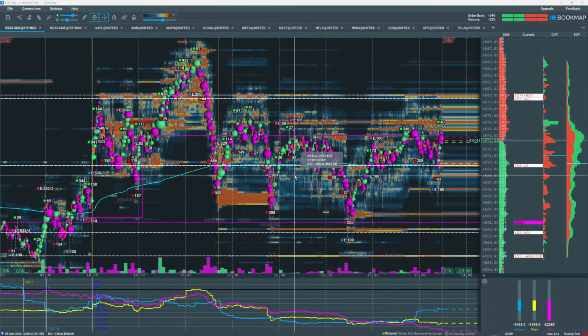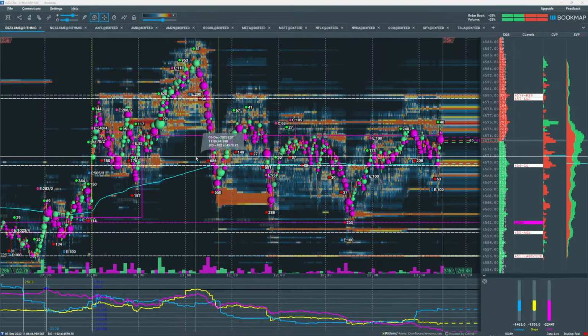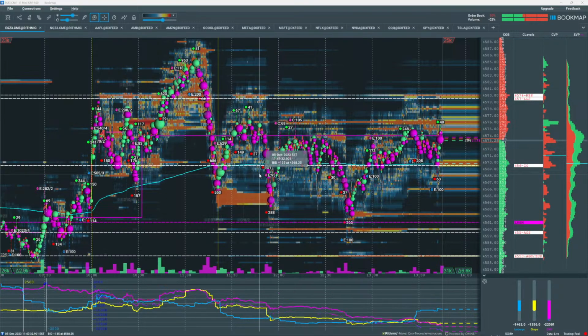So the SPX is in a positive gamma environment. This range-bound, mean reverting price action is very typical in a positive gamma environment, where market makers are trading against price to hedge their delta exposure. All right, so those are the levels in play for today, both SPX and SPY levels.